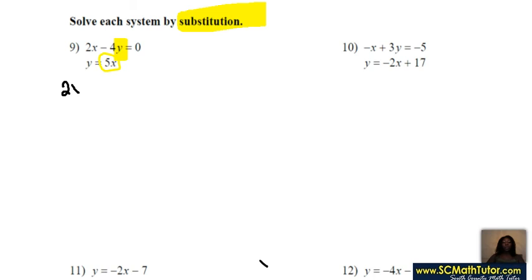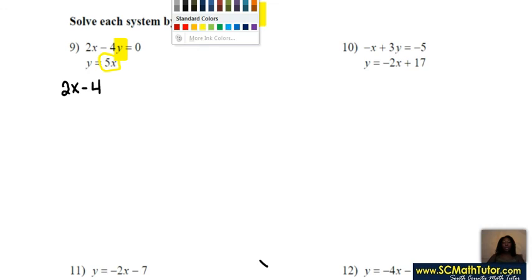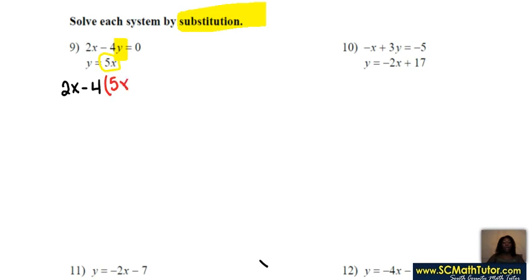So I will rewrite the first equation, but wherever I see y, I am going to replace it with 5x. Okay, so wherever I see y, I will be replacing with what y represents. Y is equal to 5x. Now that I did that, notice now I have a one variable equation.